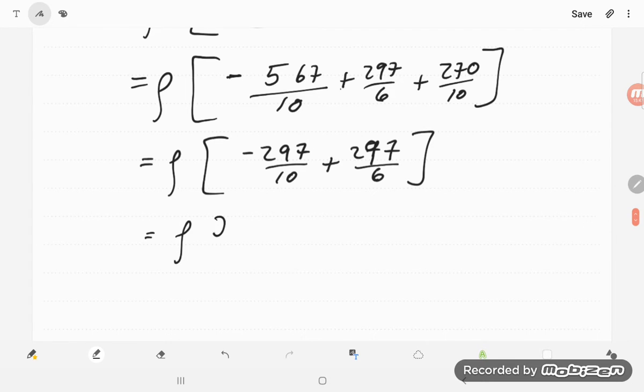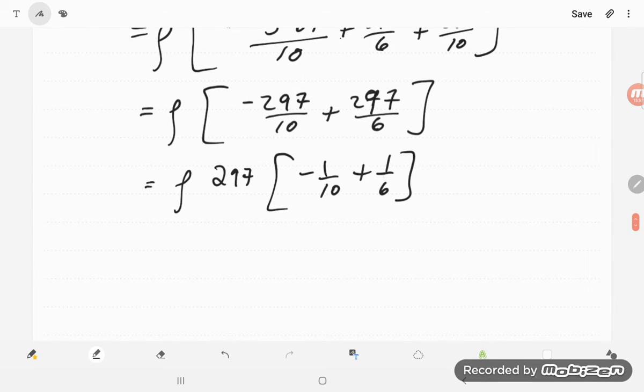So this is rho times 297 times negative 1/10 plus 1/6. Well, if we go to 30ths, that's 5/30ths and 3/30ths for the negative. So that's 2/30ths or 1/15. So this is 297 over 15 times rho. And so that number is somewhere near 20. But that's our m sub x.